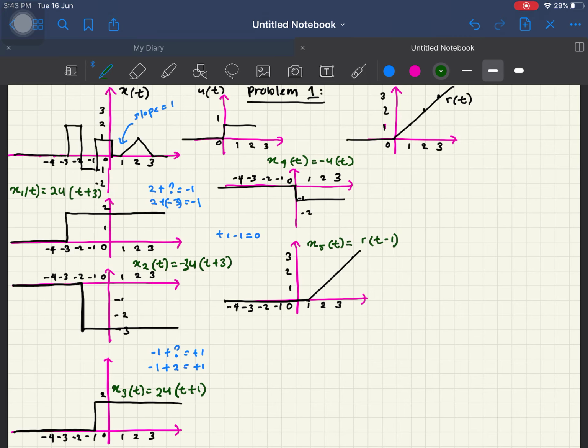Slope remains as 1. Now look here, at t equals 2, the slope changes from +1 to -1. So the slope here is -1.